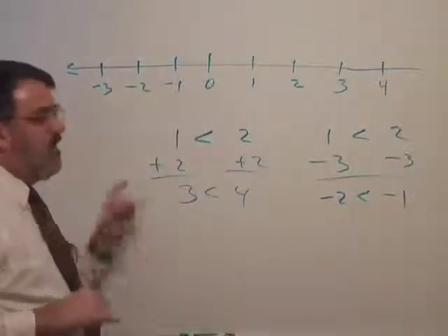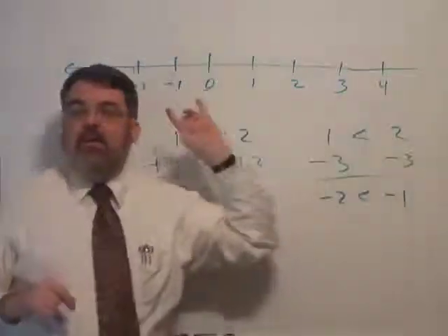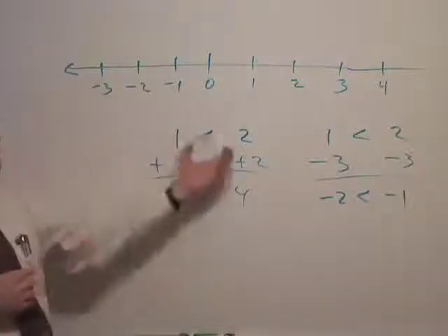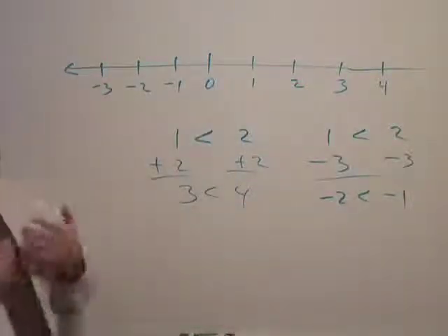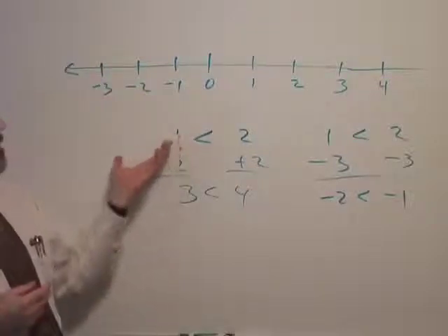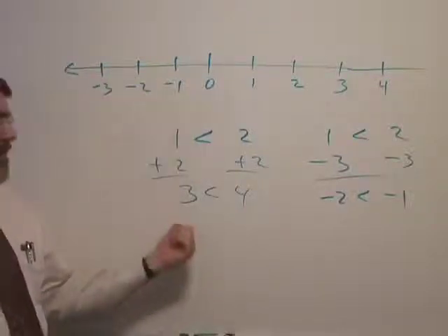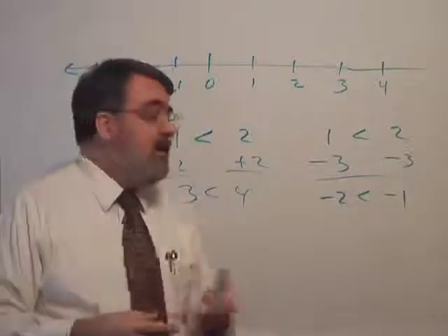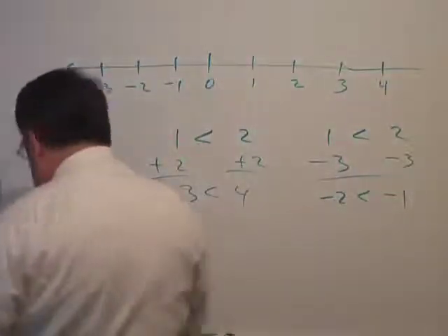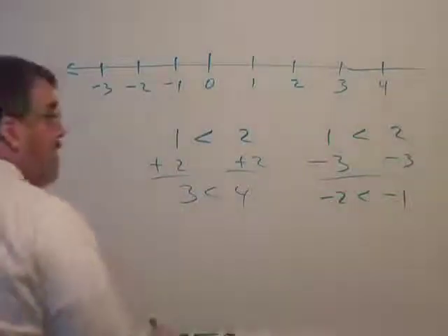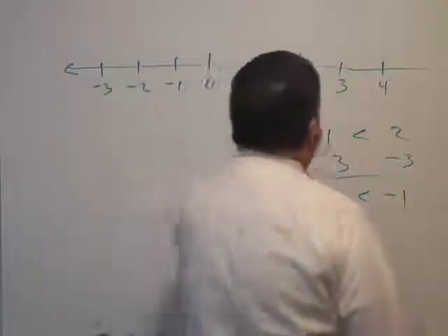And because we're just sliding without any change, that preserves the distance between them, and also preserves the orientation of the numbers. So the left-hand number, which is less than, remains less than after adding or subtracting on an inequality. Now, multiplying and dividing is a little more interesting, and so let's take a look at that.